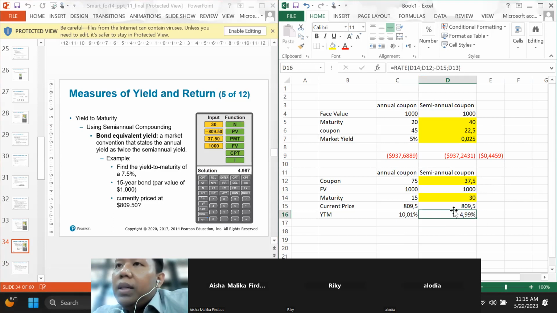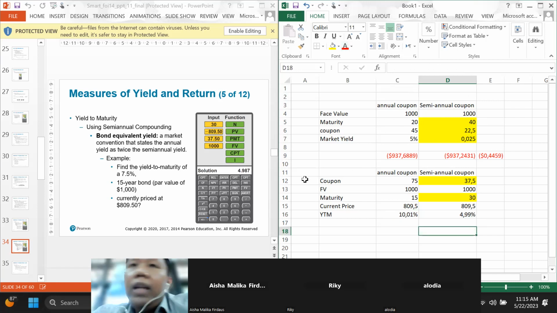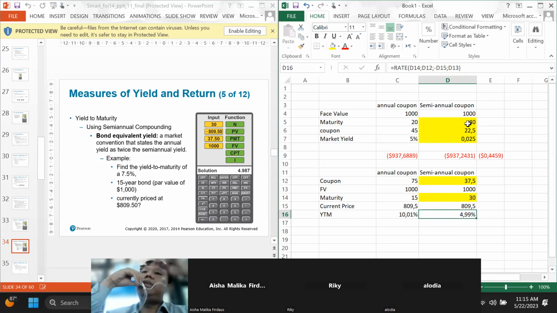This is the yield to maturity for semi-annual coupon payment. So we have yield to maturity for annual coupon payment and for a semi-annual kind of bond, which pays you twice a year. Is there any question about calculating the yield to maturity?